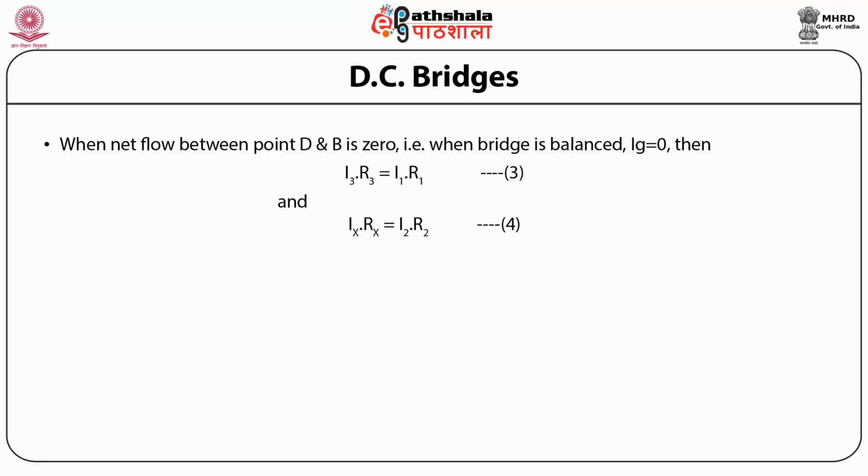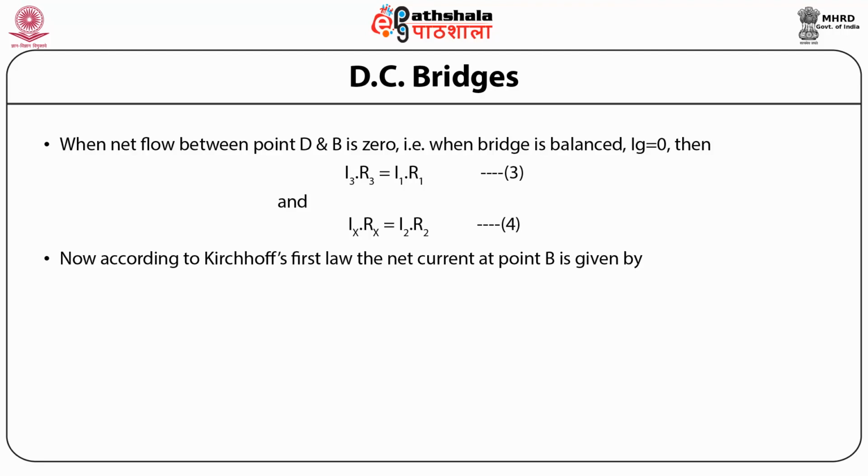This is equation 4. Now, according to Kirchhoff's law, the net current at point B is given by I3 minus Ix plus Ig equal to 0. This is equation 5. And at point D it is given by I1 minus I2 minus Ig is equal to 0. This is given as equation 6.